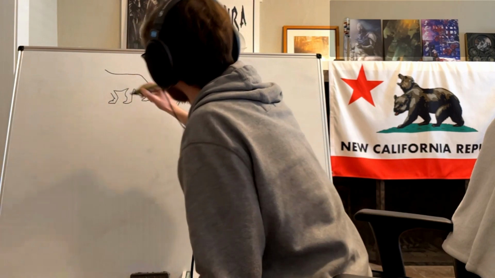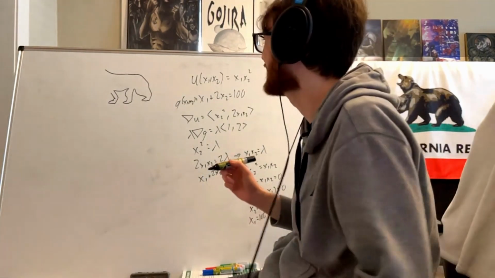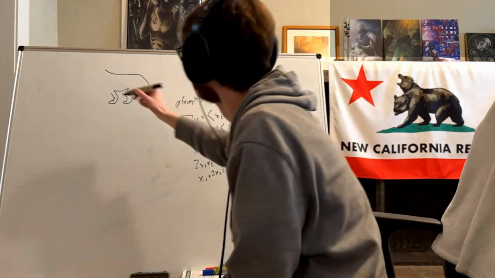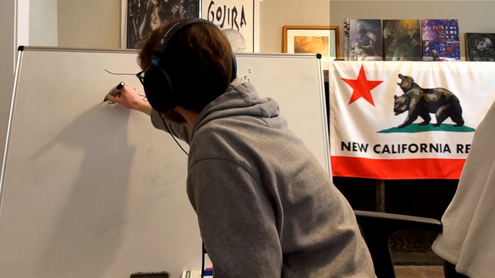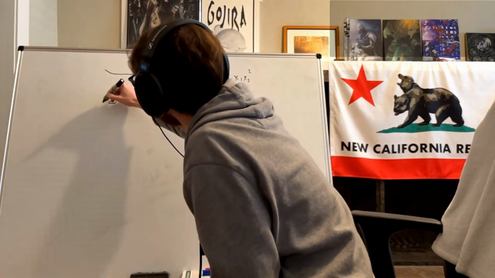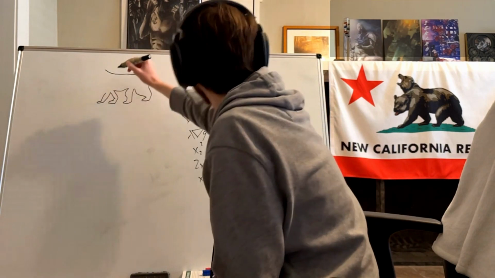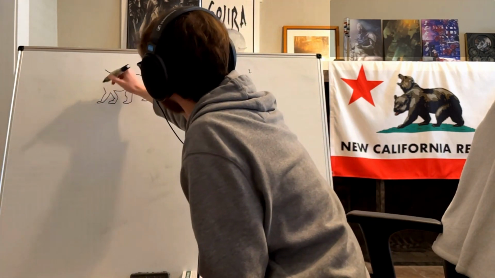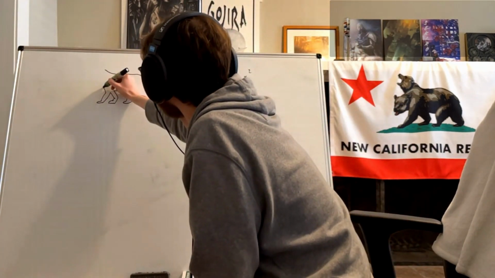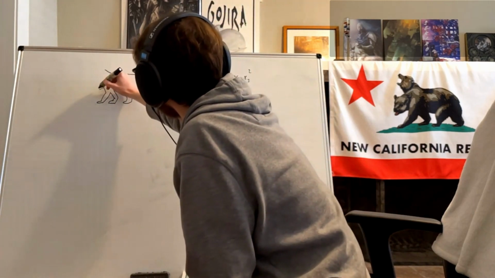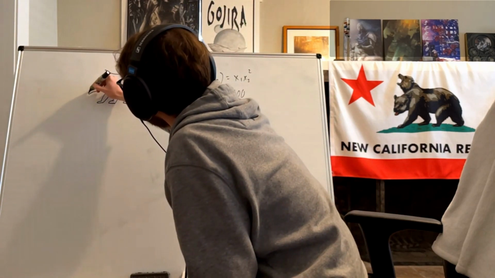Bam. We're getting there. We're gonna need to draw some claws and stuff like that. The bear butt? Yeah. Okay. We got the body. We need the head. Got some teeths.